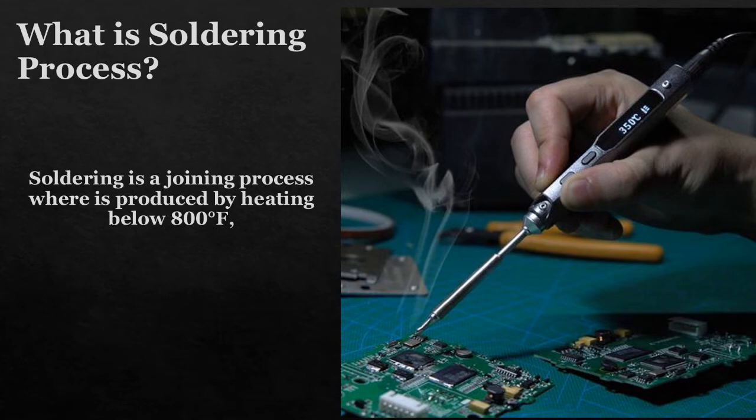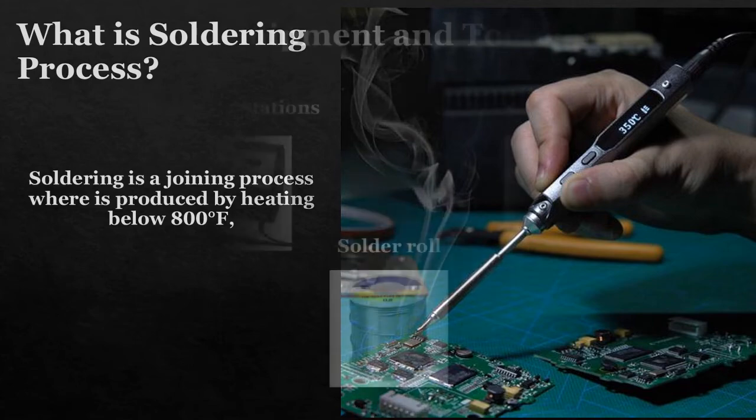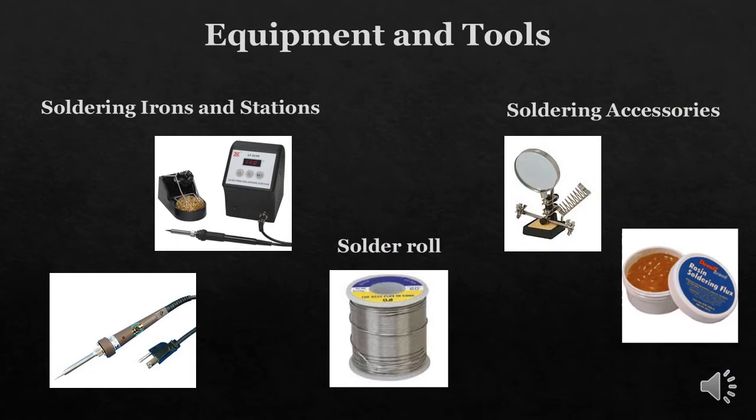Maybe it is very common for you if you hear the soldering process, like when your father is soldering your television, or maybe a radio, or some computer component like that. For the equipment and tools for the soldering process, there are soldering irons and stations, solder rolls, and soldering accessories.